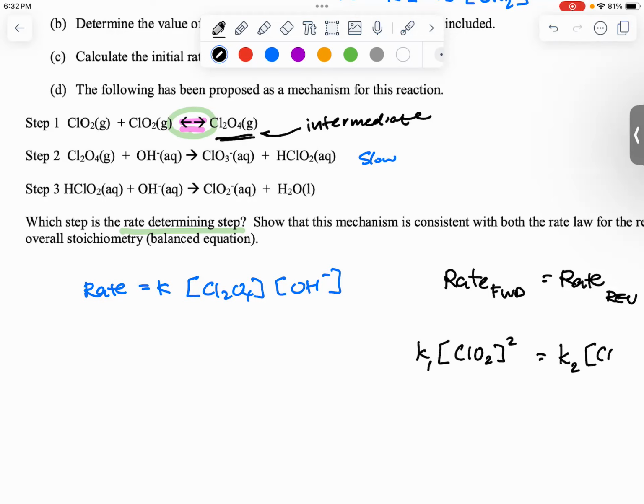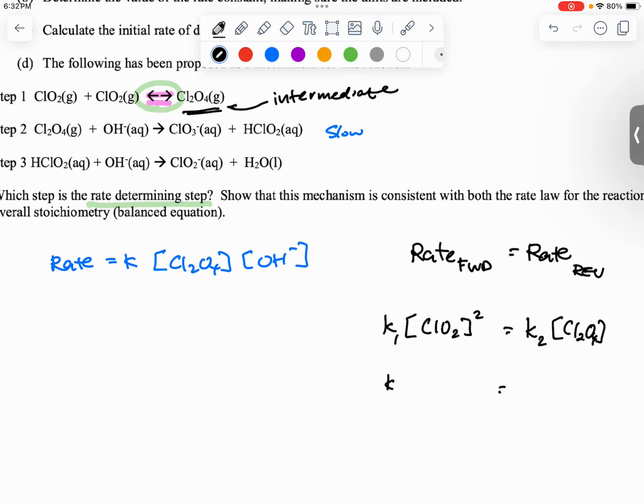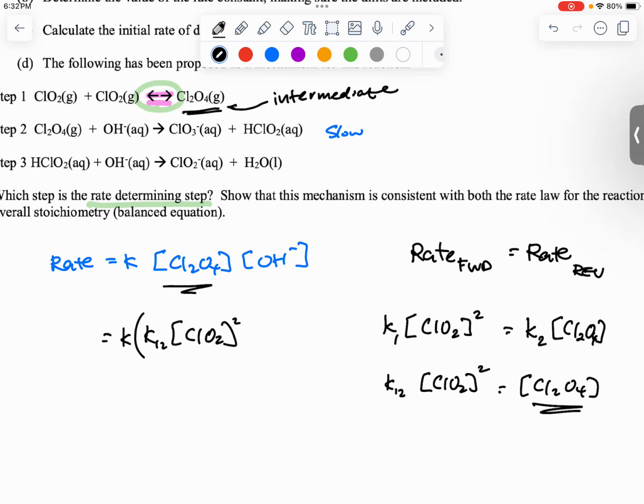Now, the whole k thing is not something that you have to worry too much about. So when we have k1 over k2, let's just say k12, it's equal to ClO2 squared. It's equal to Cl2O4, and then you can replace it over here. So k times k12, ClO2 squared, and then OH minus, and all the k's will multiply together to become another k. So it doesn't matter.